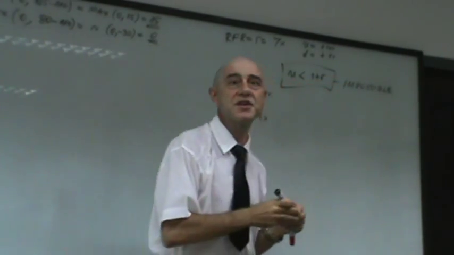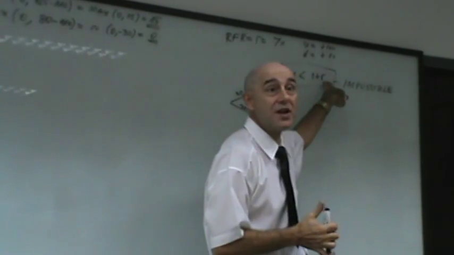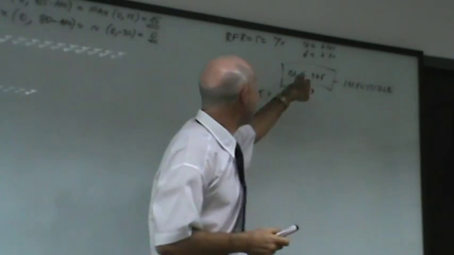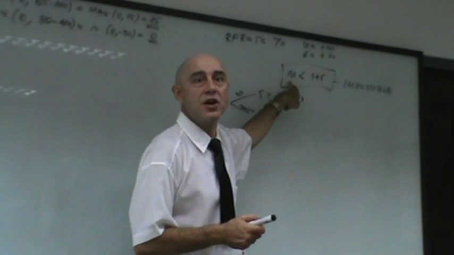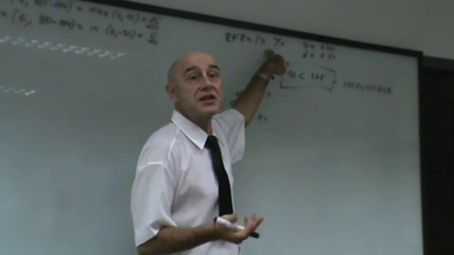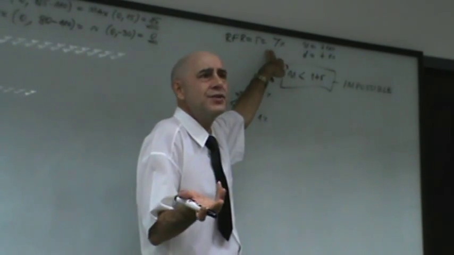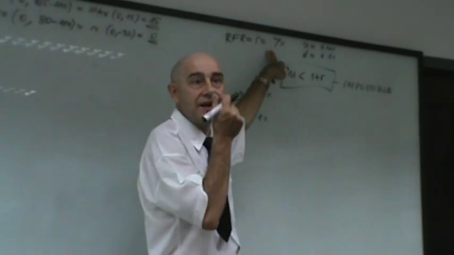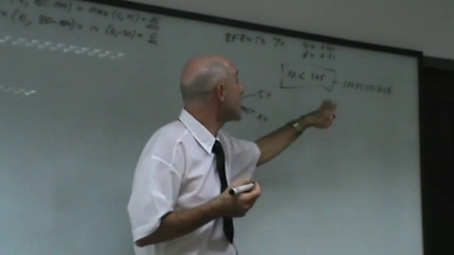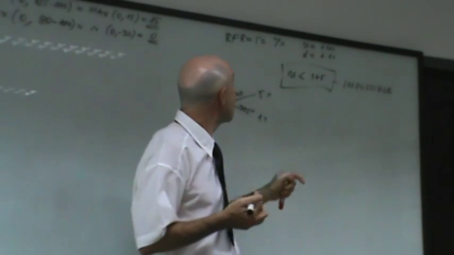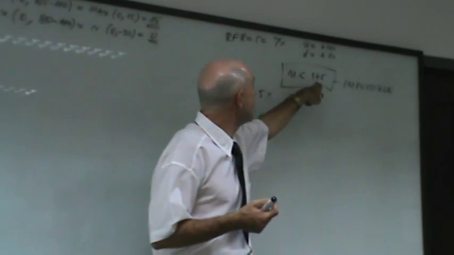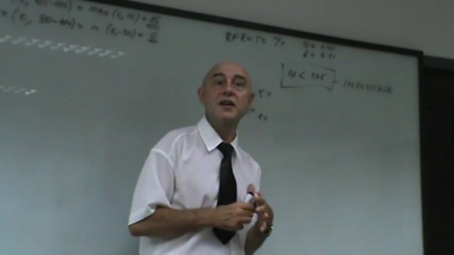No one will ever invest in an asset to get a lower return than the risk-free asset. There's no need to do that. That's a simple contradiction. So U will always be above 1 plus R.